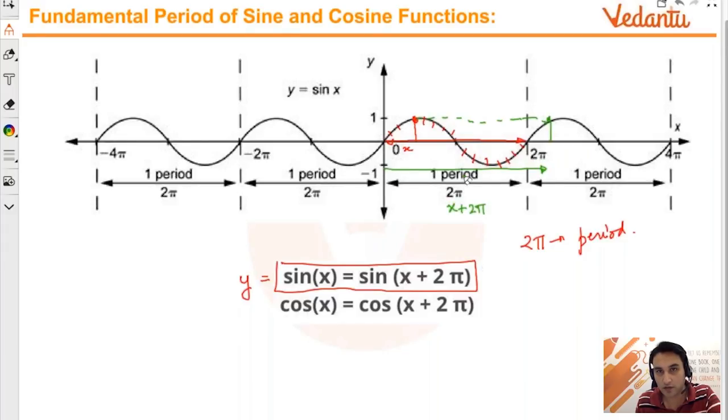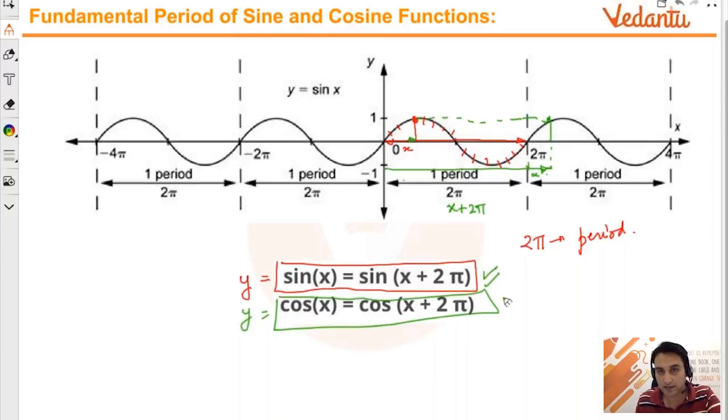This portion is 2 pi and this is x, so this entire green length is 2 pi plus x. But you can see that whatever was the value of sine at this x is the same value at 2 pi plus x. And the same is true for the cosine function as well. Got it?